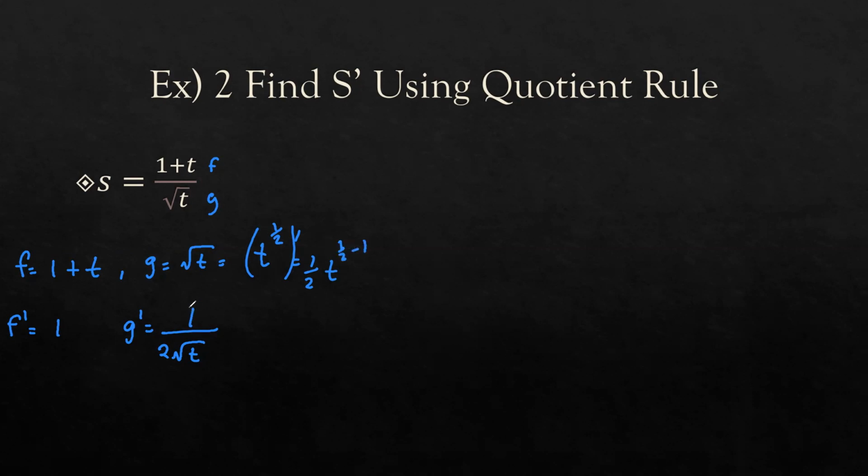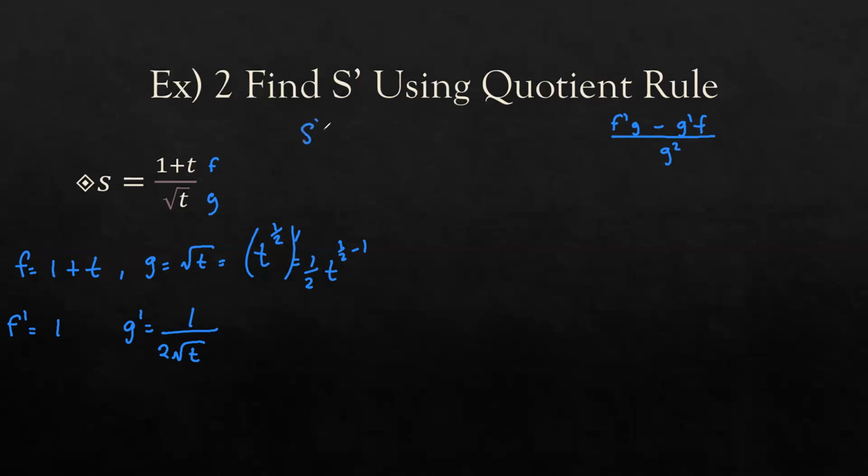When you simplify this, it becomes 1 over 2 radical t. Let us apply the quotient rule. If you forget, I'm just going to write it again: f prime times g minus g prime times f, all over g squared.